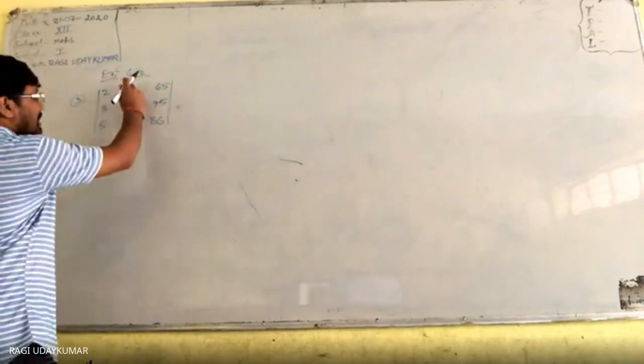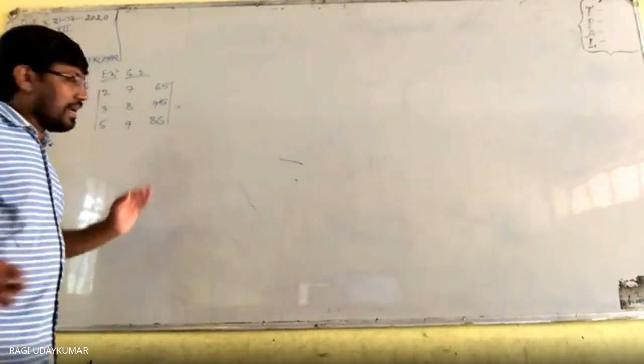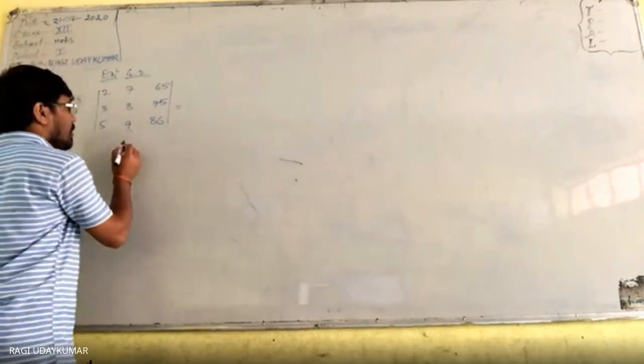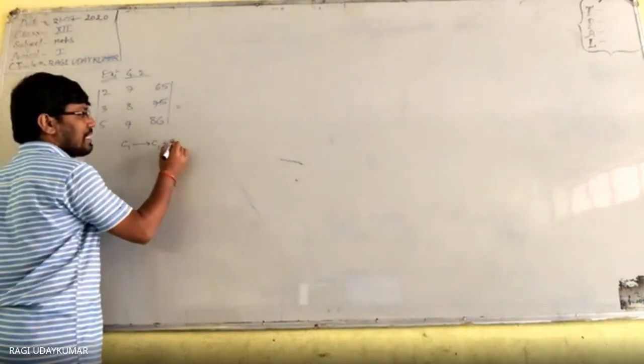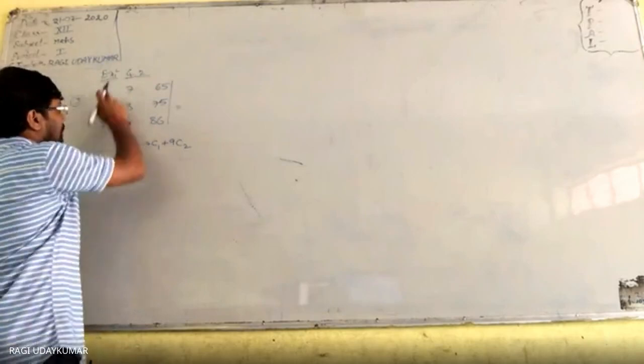So if you multiply this column by 9 and add it to the first column, we can say C1 tends to C1 plus 9C2.